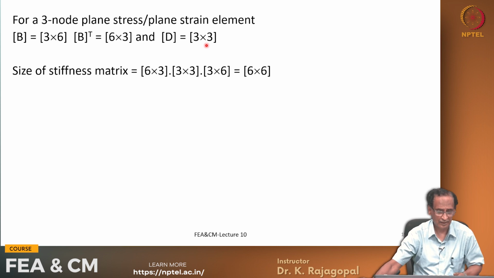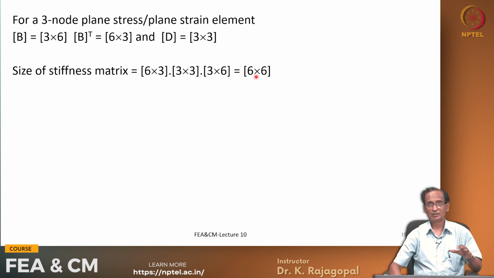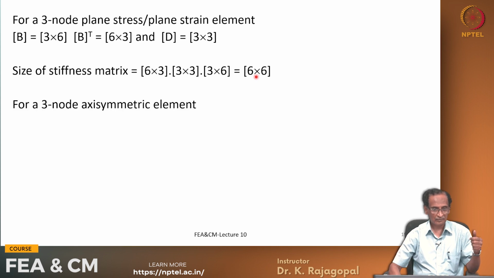For the stiffness matrix B transpose DB, B transpose is 6 by 3, D is 3 by 3 and B is 3 by 6, and the total product is a 6 by 6 matrix. That is the stiffness matrix. This 6 corresponds to the number of degrees of freedom in the element.